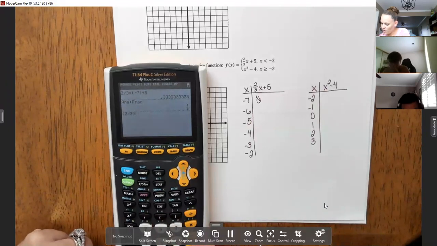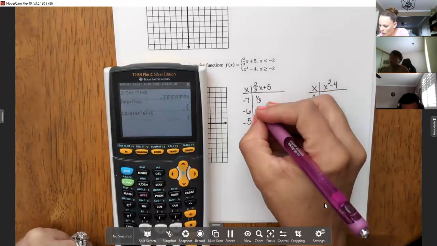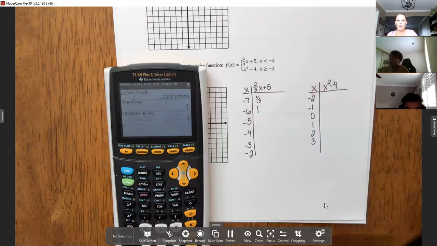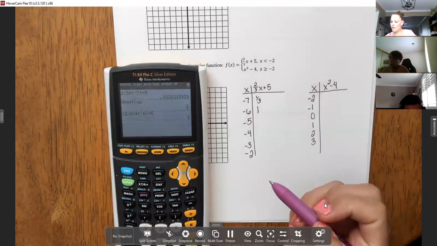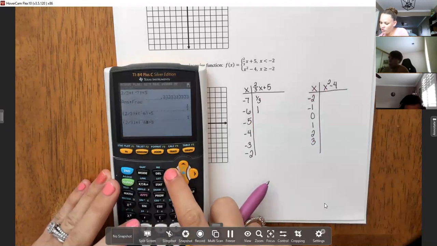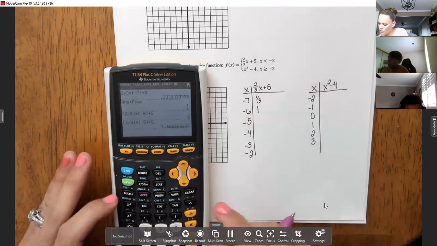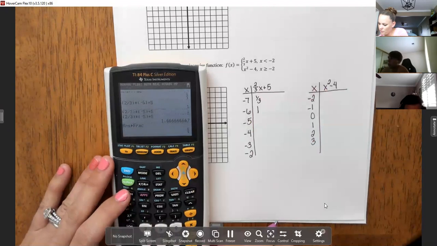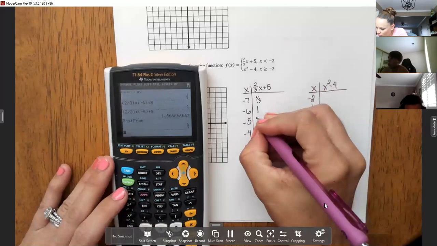So 2/3 times -6 plus 5, I get 1. And then I could keep filling this table in. I'm just going to copy this equation and change this number. So this is 5/3.